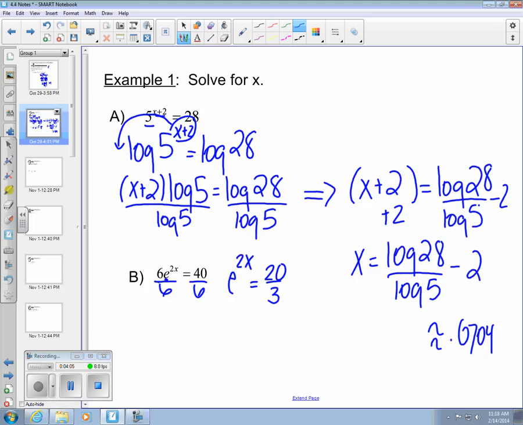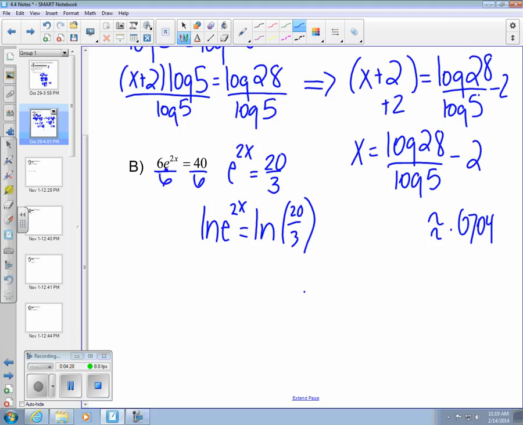It's 40 over 6, and if you reduce that. So the next step, we're dealing with a base of e, so we're going to use the natural log. We'll take the natural log of both sides. So we'll take the natural log of e to the 2x is equal to the natural log of 20 over 3.